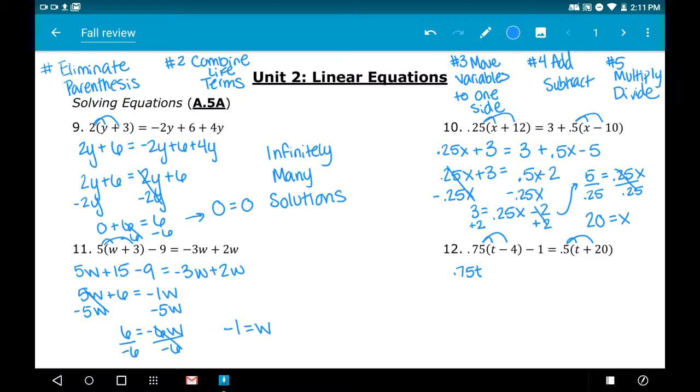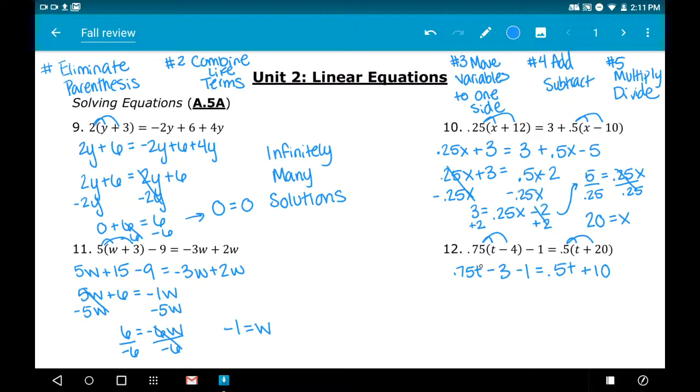So if you put that in the calculator, it should give you negative 3. And then we have 0.5 times t. And then 0.5 times 20 is a positive 10.